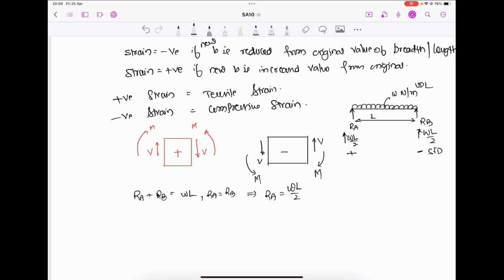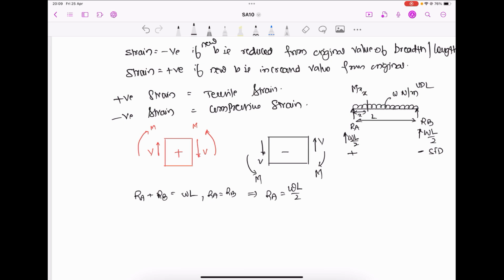Now let us come to bending moment. If you take a section x here at a distance of x, what is the Mx value? Mx is equal to RA acting in the upward, left hand side upwards, and RB moment is also acting in the upward direction.